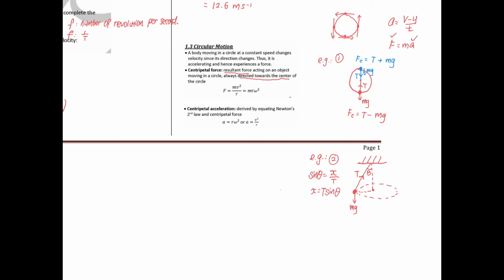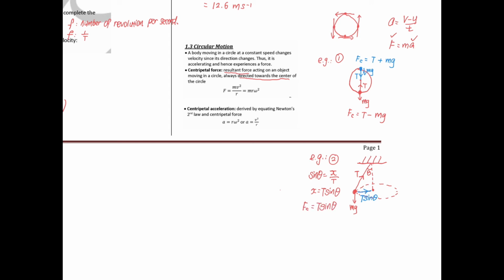So this is the component of the tension that acts towards the center of the circle, and the value is T sine theta. This is the value that contributes to the centripetal force, and hence the centripetal force is equal to T sine theta.